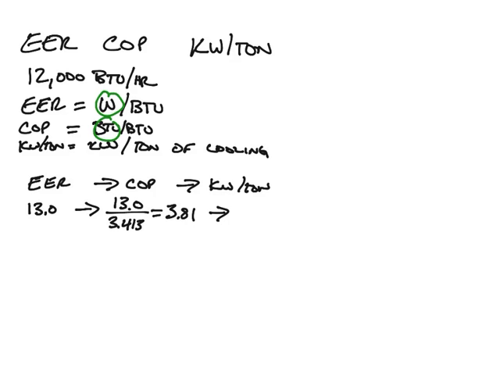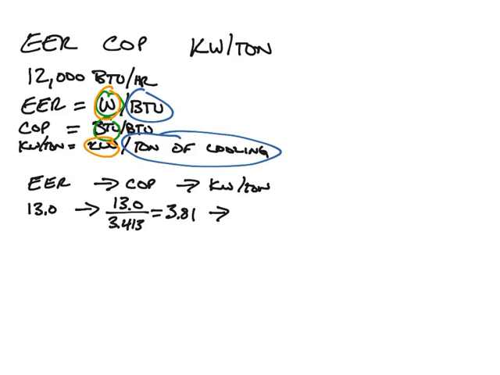The next thing we're going to look at is kW per ton. You will notice that we're looking at tons of cooling on this side, and BTUs here, and we're looking at kW compared to watts. We know the difference between watts and kilowatts is 1,000.